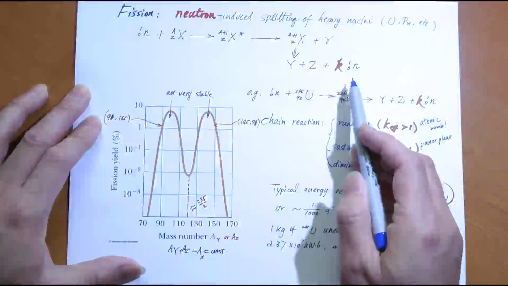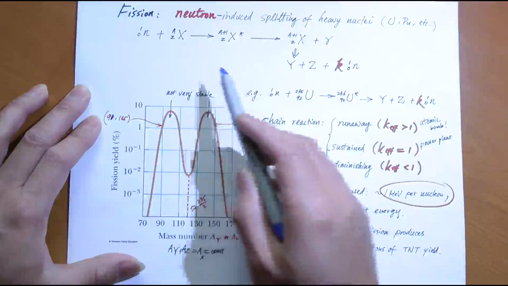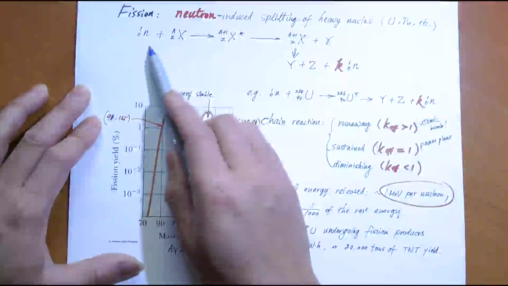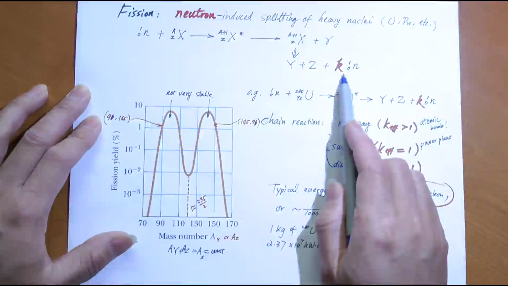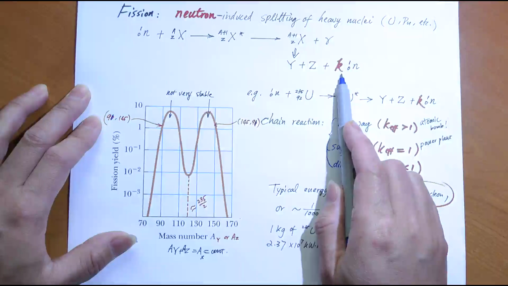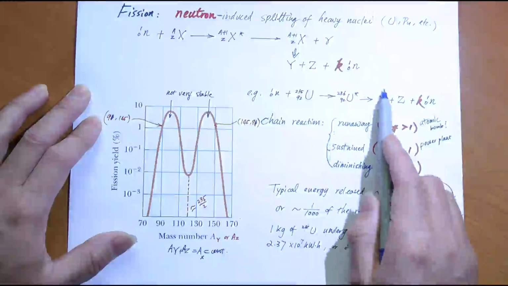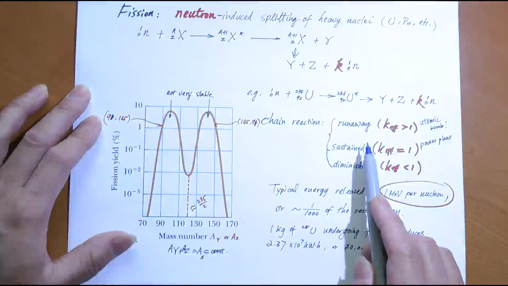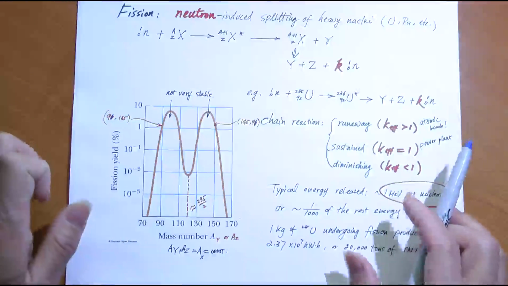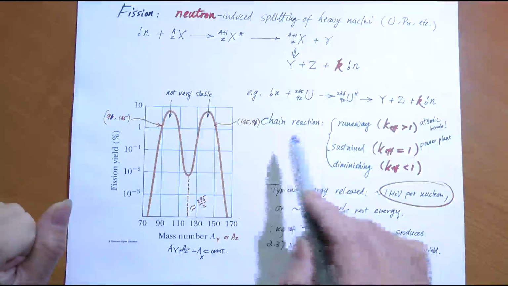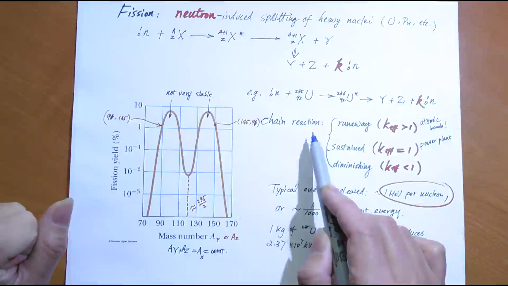So this reaction, when started, in theory can go on and on, because one neutron, which starts the process, produces k neutrons, k greater than 1, and these k neutrons can go on to produce more splitting and more splitting, and the process can go up exponentially. This is called a chain reaction.